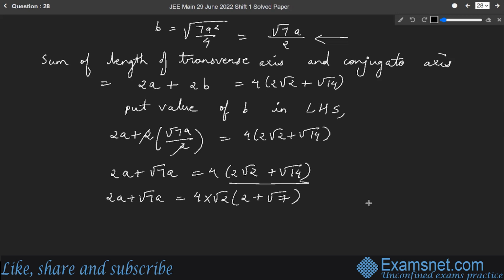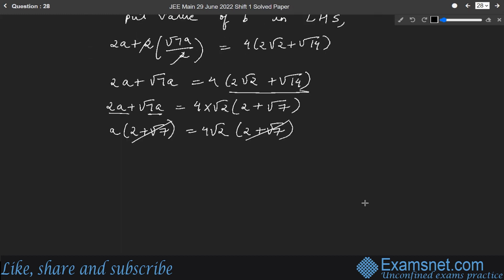And if we take a common from the left hand side, a is common in both these terms, so the remaining terms are 2 plus root 7. It is equal to 4 root 2 multiplied by 2 plus under root of 7. Now you can see that 2 plus under root of 7 and 2 plus under root of 7 will be cancelled. So the value of a will be 4 root 2. All right, we have the value of a.